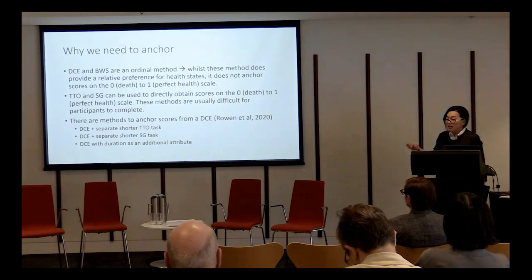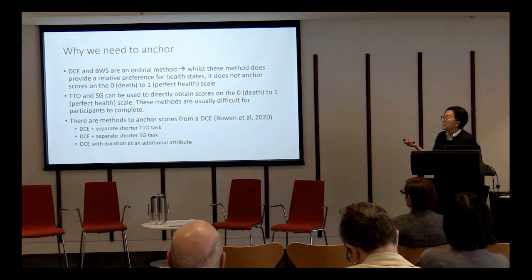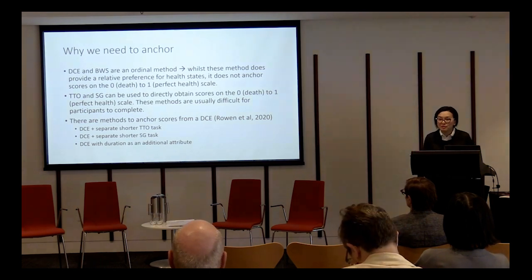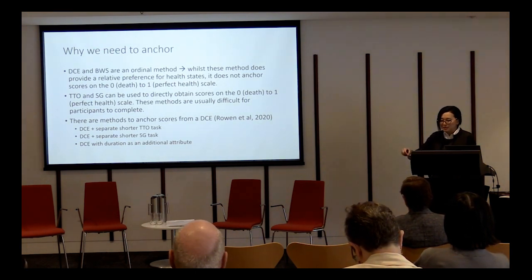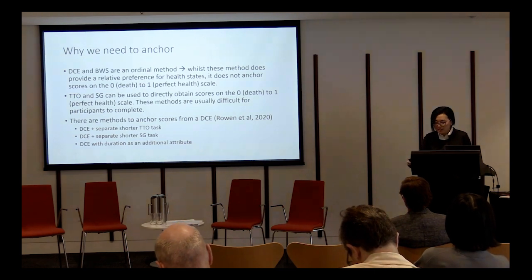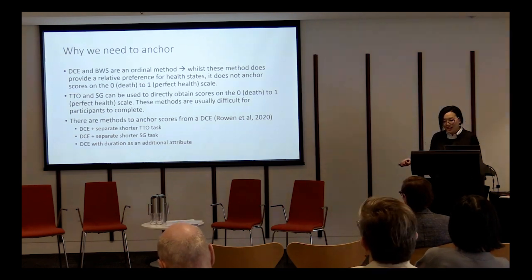There are cardinal methods like time trade-off and standard gamble that will directly obtain these types of scores, but they're generally a lot more difficult for participants to complete, particularly kids, because they're really hard to do, but also you'd be asking them to make trade-offs with dying, and that would not be very good for kids.